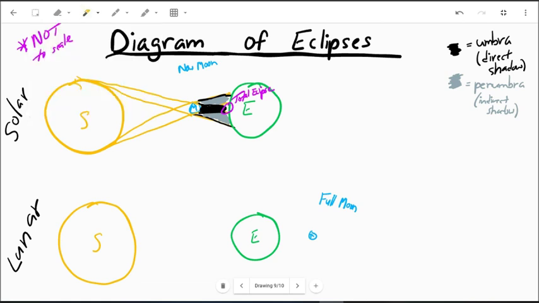4 beams of light, and they're kind of crisscrossing from the north pole of the sun to the south pole of the sun. Okay, we're going to do the same thing with the Earth. Connect top to top and then top to bottom.